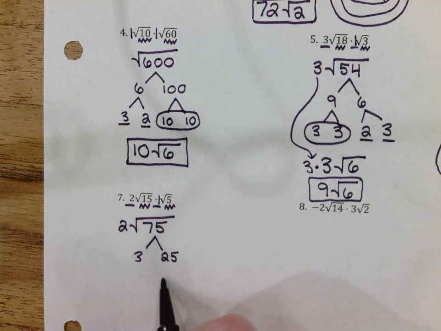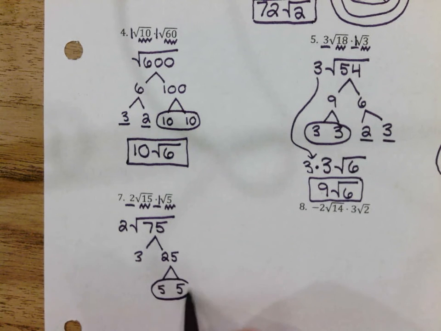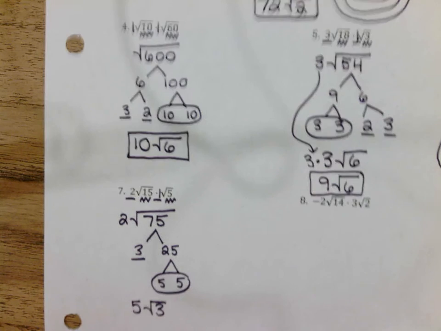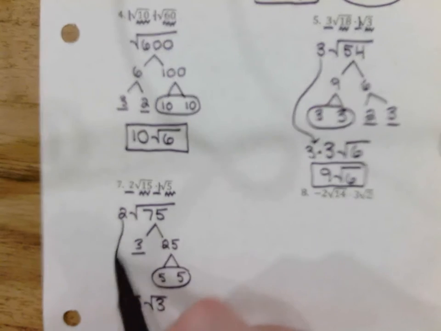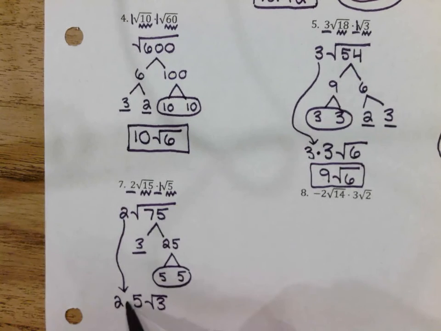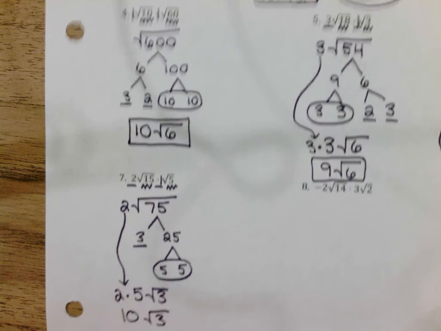And then the 25 we can break into 5 and 5. So we have a couple of 5s and a single 3. Couples go out, singles stay in. And then I'll bring down my 2. So this ends up being 10 square root of 3.